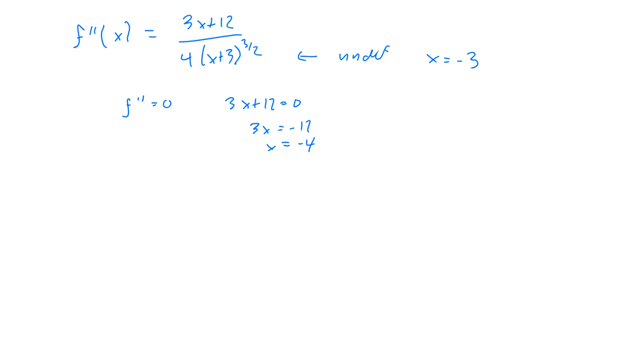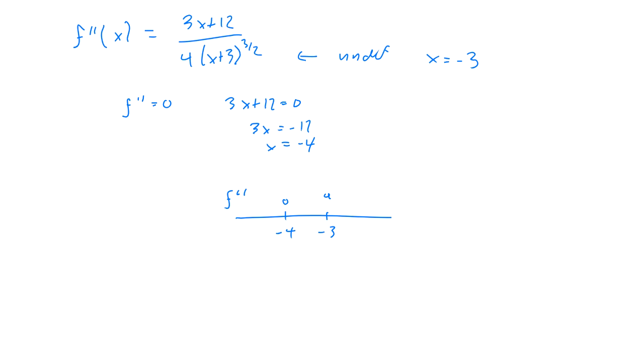So when I draw my number line for f double prime, I have 2 points that I'm interested in. One of those is going to be when x is -4, and one is when x equals -3. At -4, the second derivative is 0. At -3, I'm just going to write the letter u for undefined.